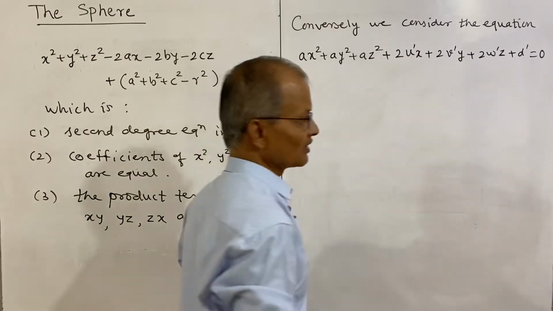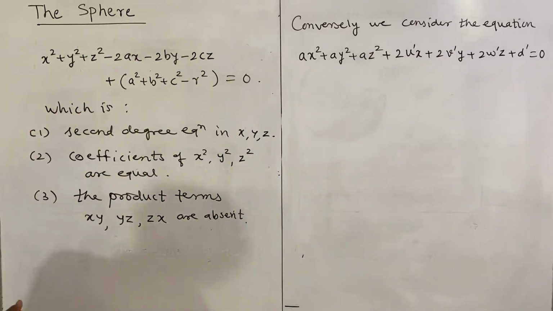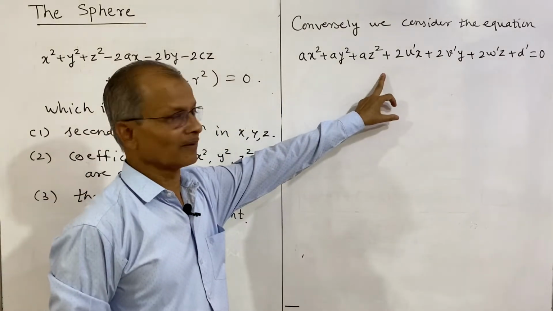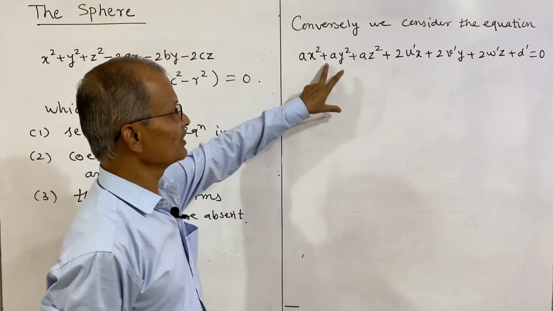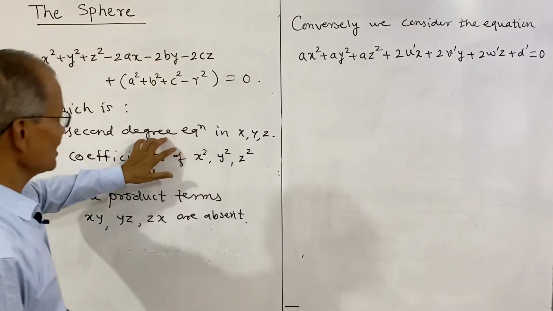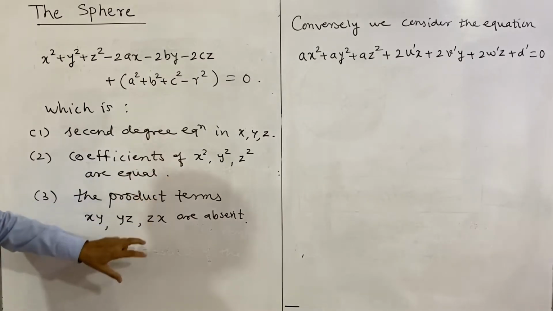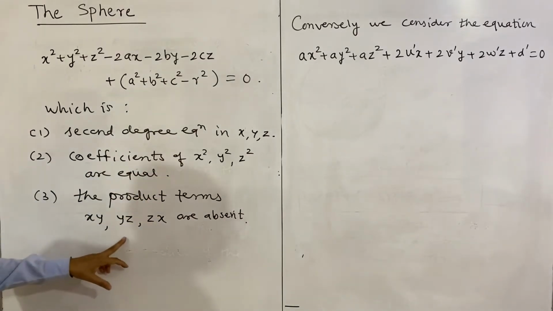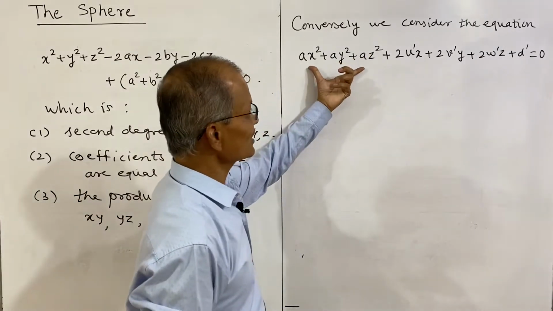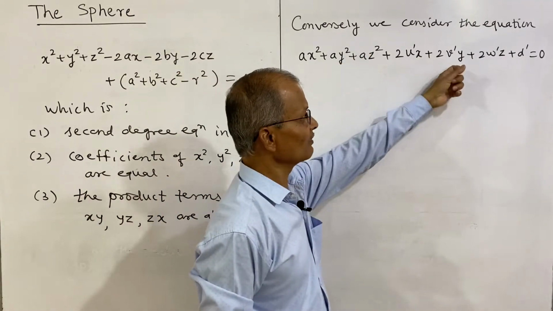This is the second degree equation in x, y, z, because the maximum power of x, y, z is 2. Coefficients are equal, and we have not considered the product terms. Terms of xy are not there. Then the square terms, and then the terms of x, y, and z.